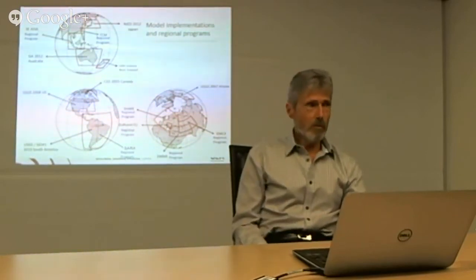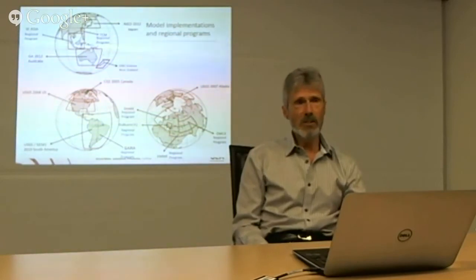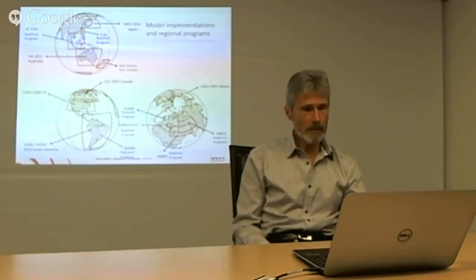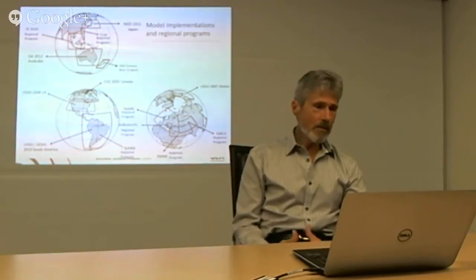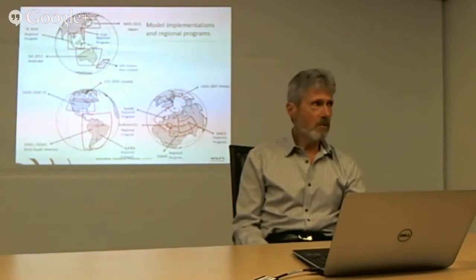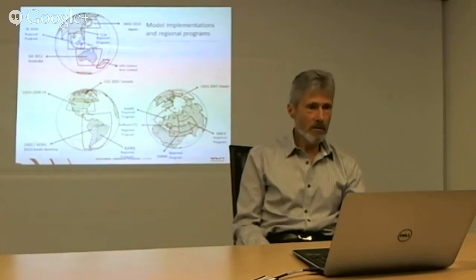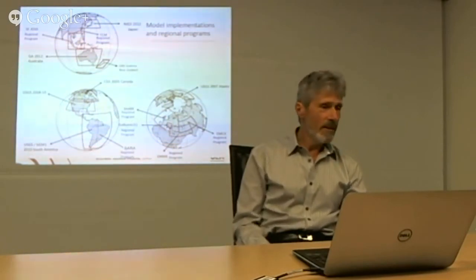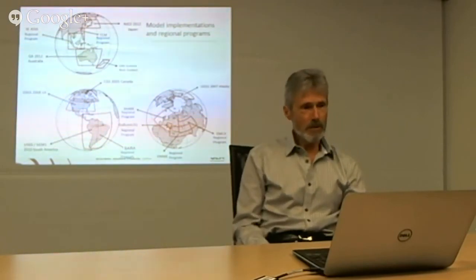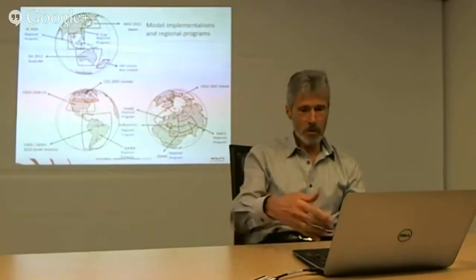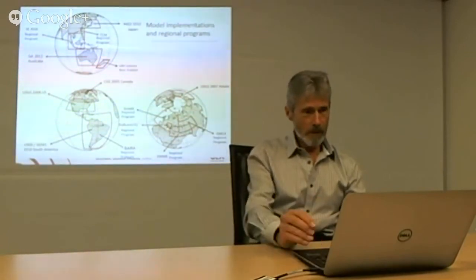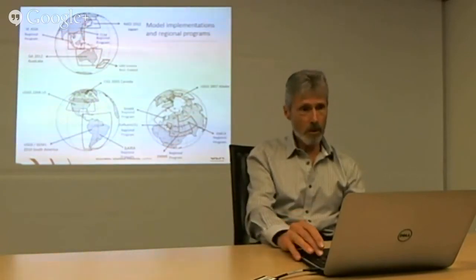Another example would be the program for the Eastern Mediterranean and Middle East. And there's a South American program which is actually managed directly by GEM. And there are national things like the Taiwan earthquake model, which is also an initiative which collaborates with GEM.